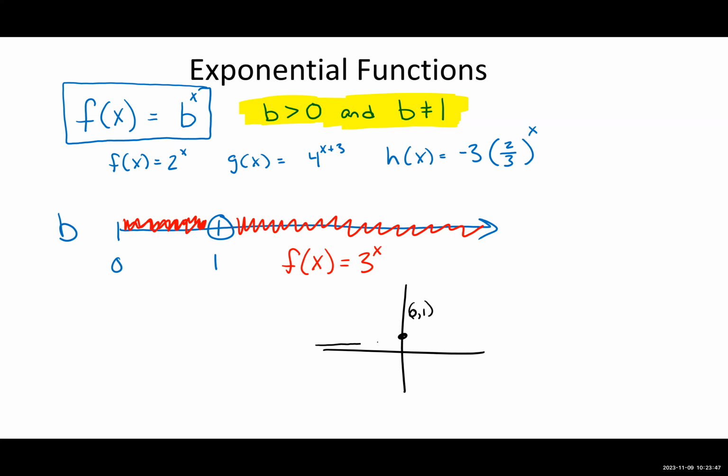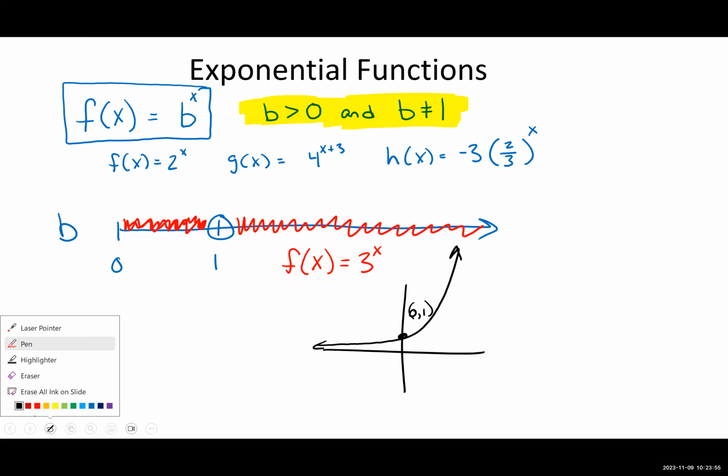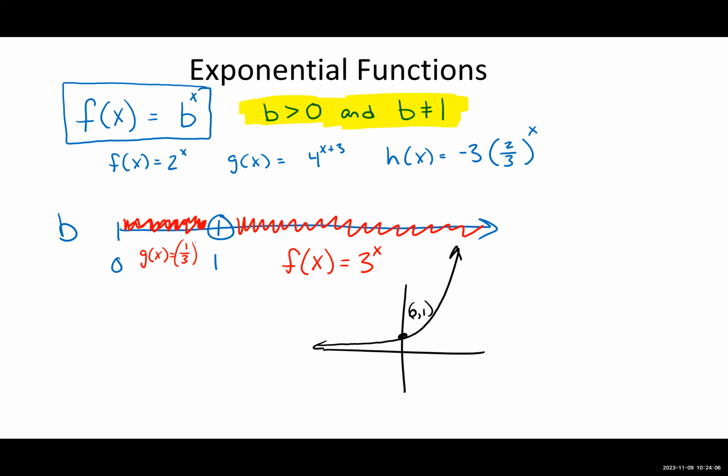It's going to get small on the left. It's going to get big on the right. Now, what if we pick a value of b that's less than 1? So let's say g of x, instead of 3 to the x, let's say (1/3) to the x, for example. This is just an example.